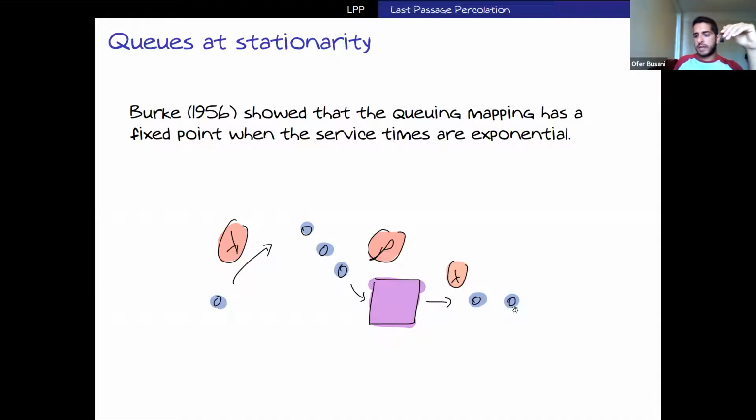In other words, we show that the queuing mapping has a distribution of fixed points. Okay?